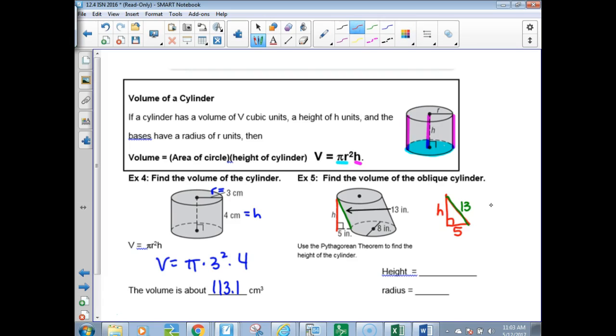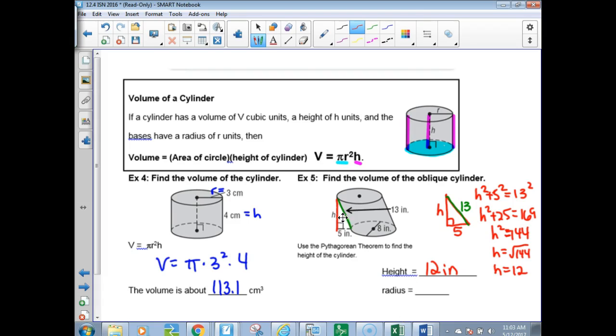So I've got 8 squared plus 5 squared equals 13 squared. 5 squared is 25, 13 squared is 169. Subtract 25 from both sides and I get 144. Then you take the square root of 144, which is 12. So the height's 12 inches. Do you see why?